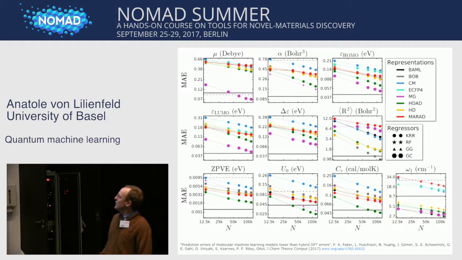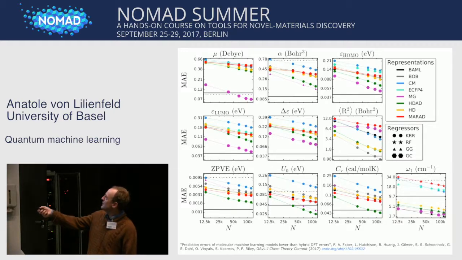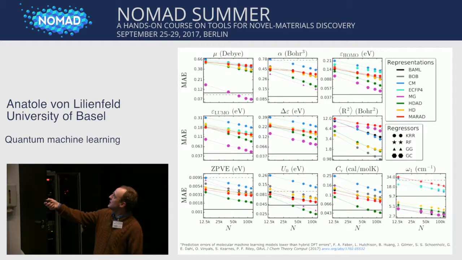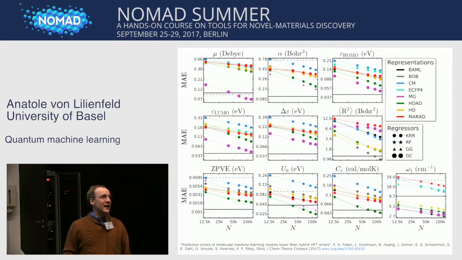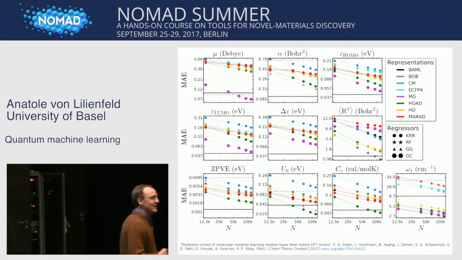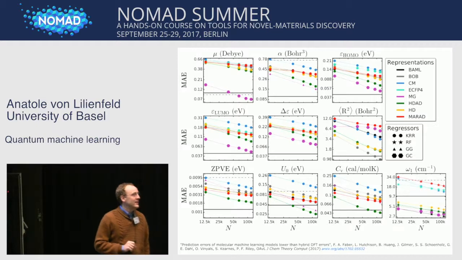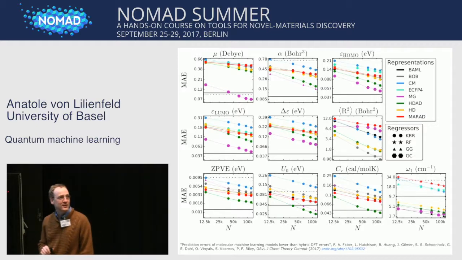Various properties are already mentioned. What you see in dashed here, these horizontal dashed lines, are what we typically expect as DFT accuracy. And you see that for every property, there's at least one model that surpasses DFT accuracy.